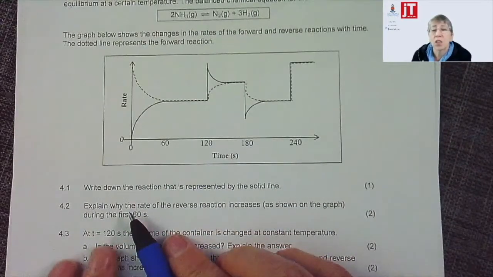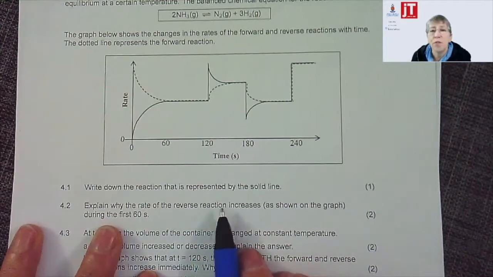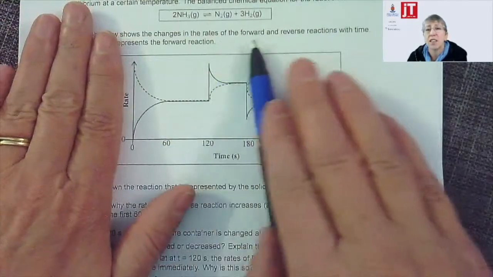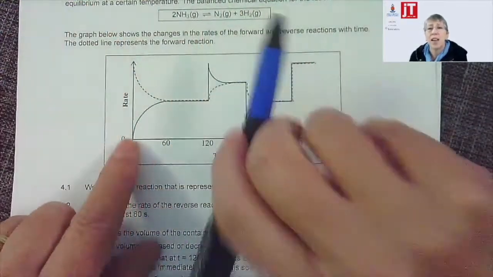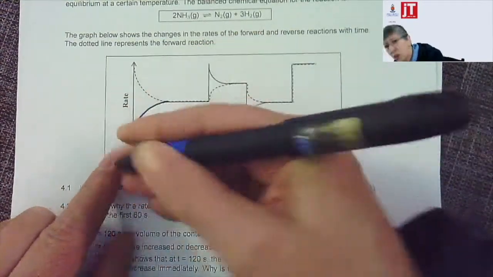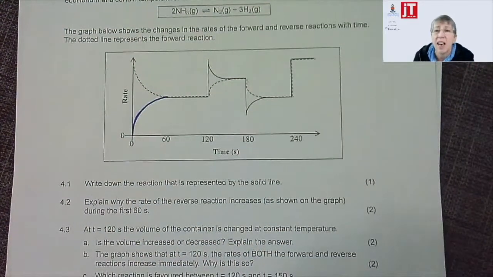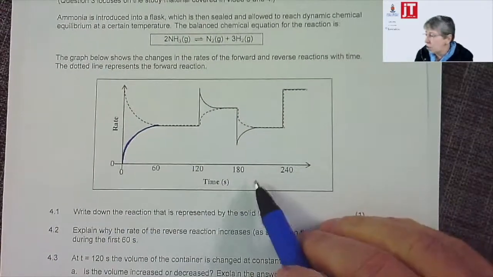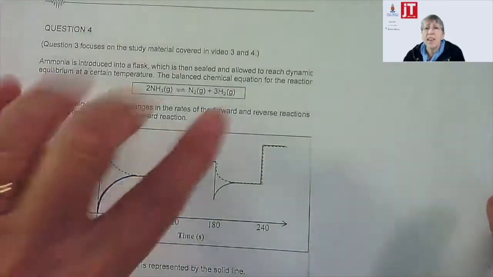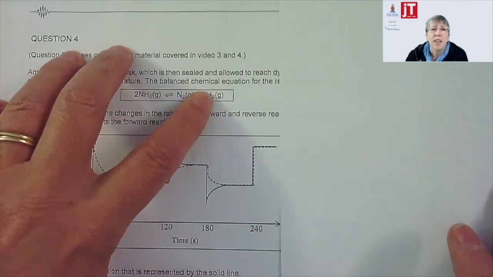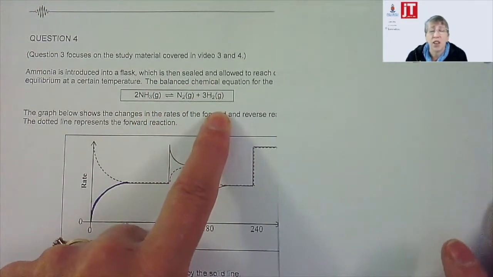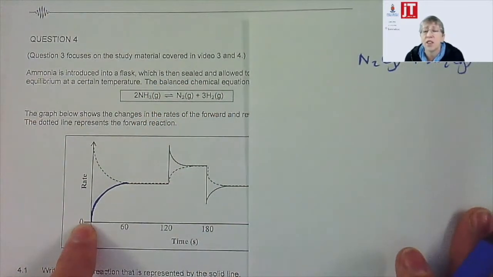Next up, they asked, explain why the rate of the reverse reaction increased as shown on the graph during the first 60 seconds. So we're only looking at that part, and they are asking us, why is the rate of the reverse increasing, getting higher? Now, to answer this, I have to say, when I started out, the N2 and the H2 were zero concentrations, right? They didn't put any N2 and H2 into that container. So we started off with a concentration of 0.